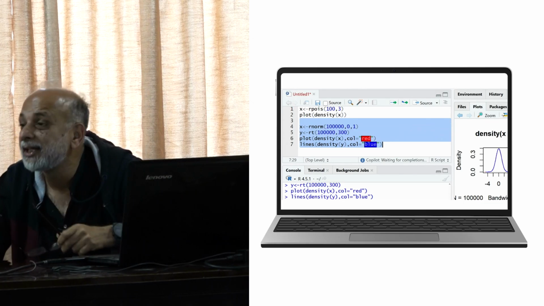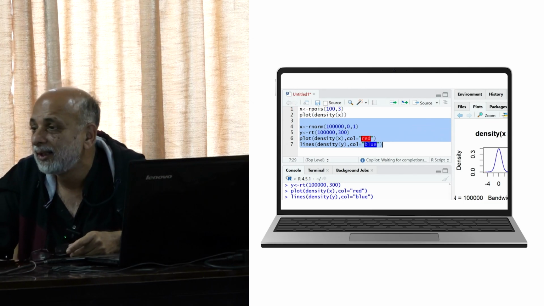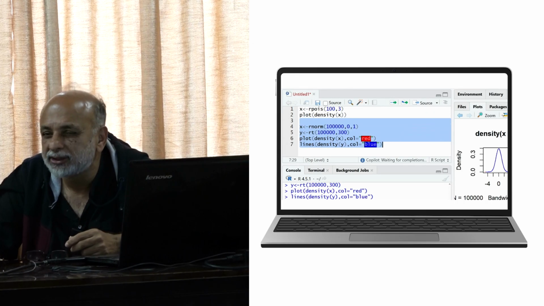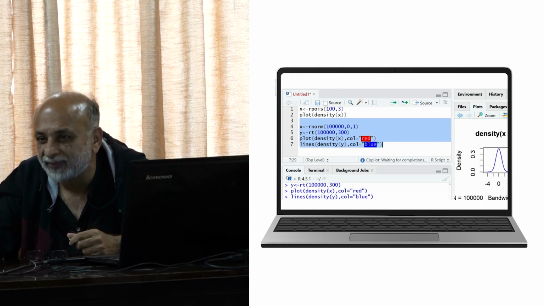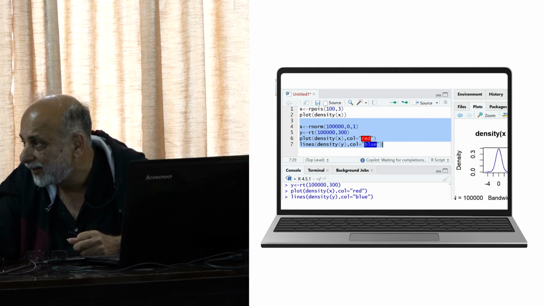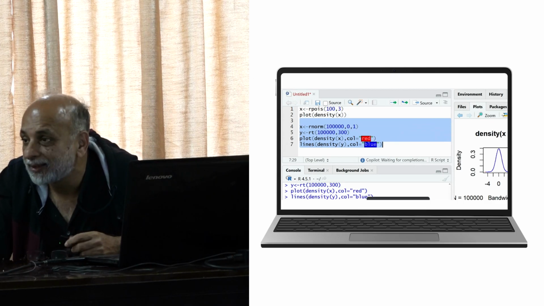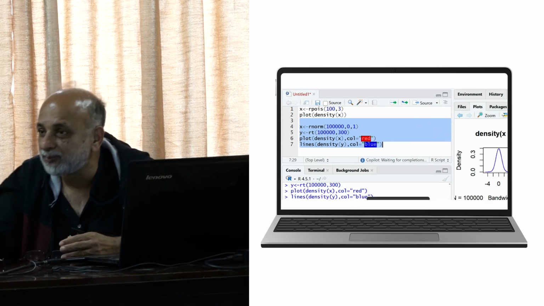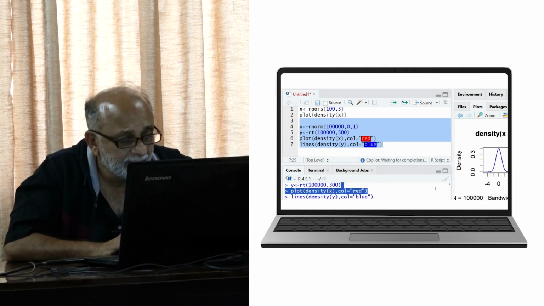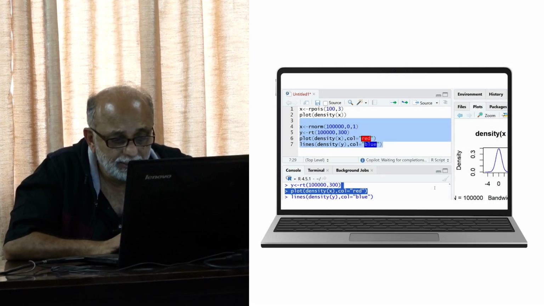But if your sample size keeps on increasing, at about 30 those two distributions don't make much of a difference. Beyond that, you don't really need the T table. You can still use minus 1.96 and plus 1.96.